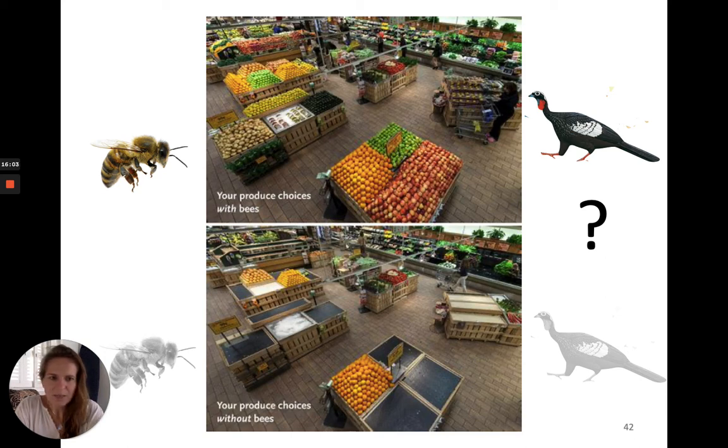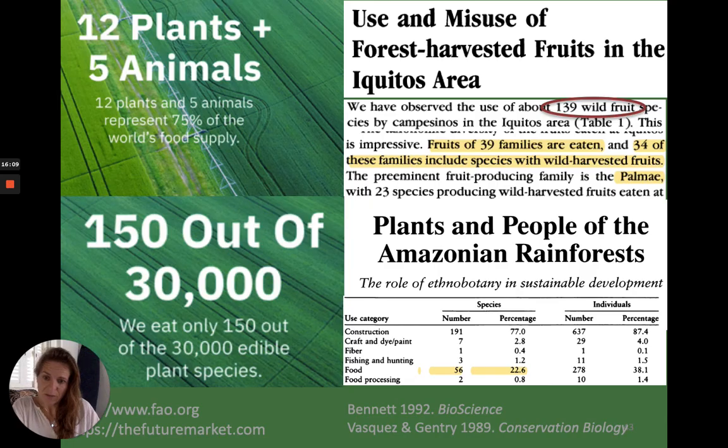We don't know exactly what will happen when we lose the seed dispersers, and that might be one of the reasons. Actually, it might be because we rely on just a very small number of plant species to feed most of the world population, and the seeds of those plants do not come from the forest or from the seed dispersers, but from the companies that rule the system.